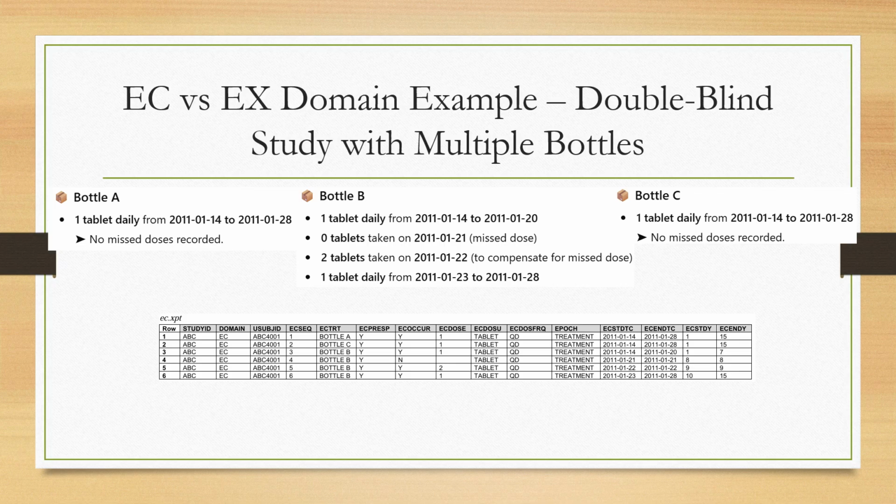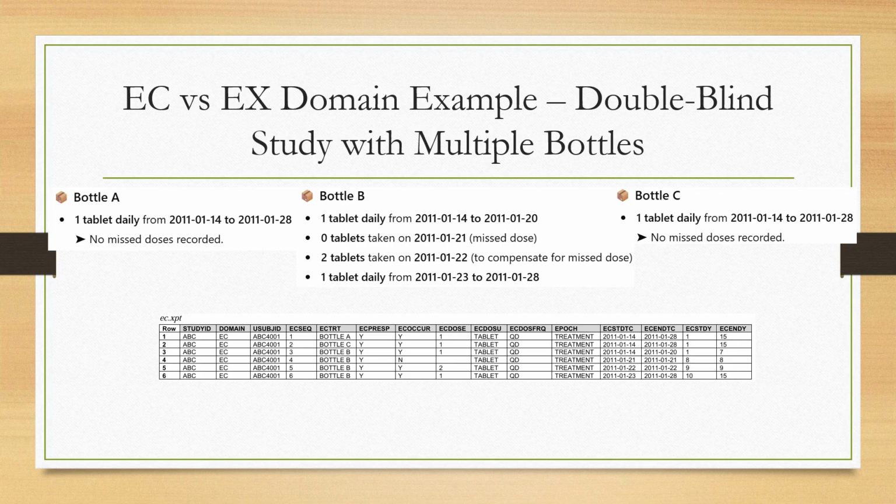Similarly, for bottle C also the same, we can create a record here. So here you can see the second record is for bottle C, where we have the dose as one tablet daily from 14th of January to 28th of January.